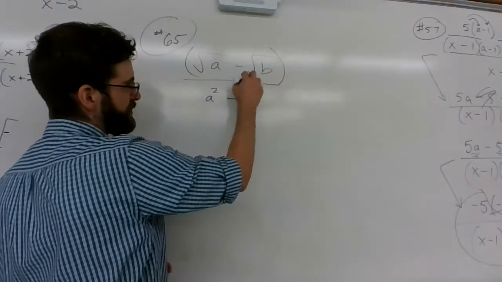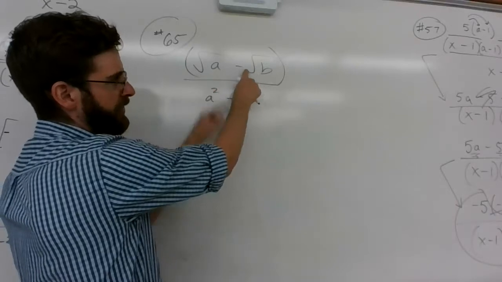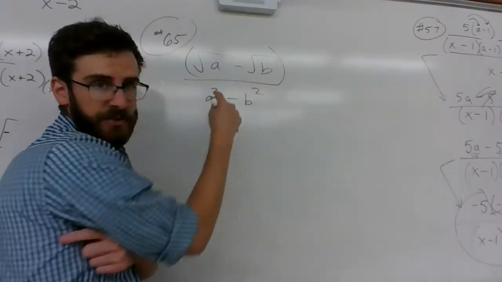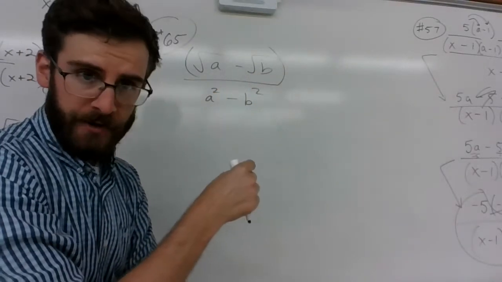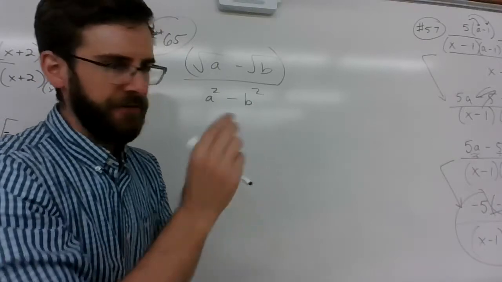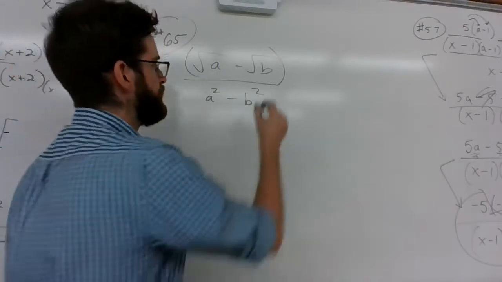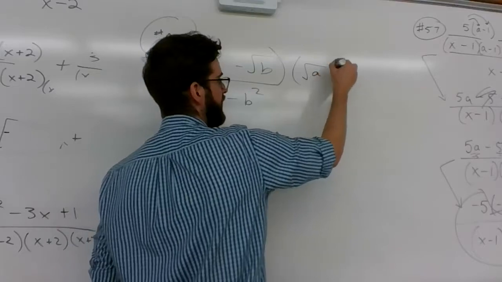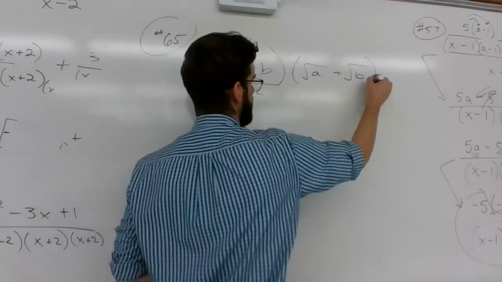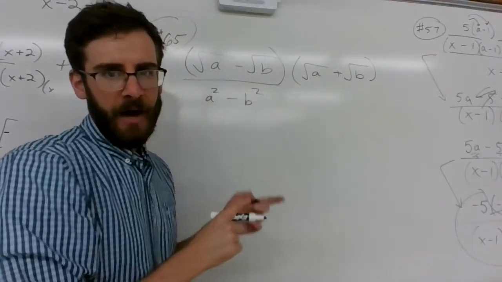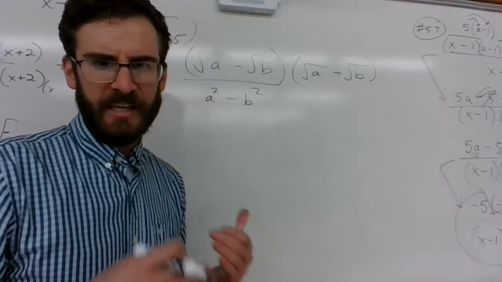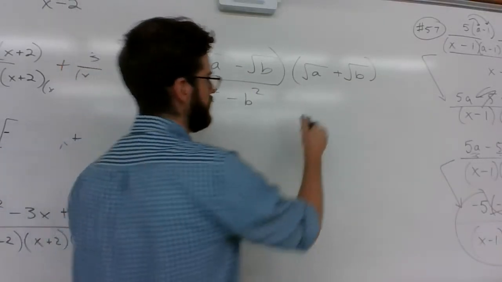The conjugate is basically identical statements with an opposite sign in between. Because what it does is it creates a difference of squares that will eliminate the roots and have no middle term. All right? So you're multiplying this times root a plus root b. But you've got to multiply it by top and bottom, otherwise you kind of disrupt the equilibrium of what a fraction is.